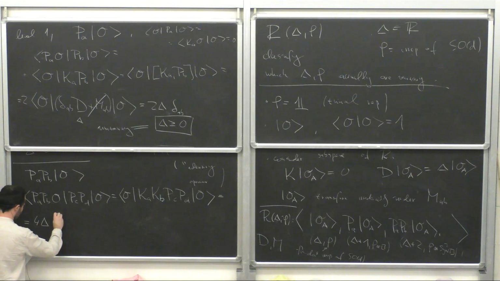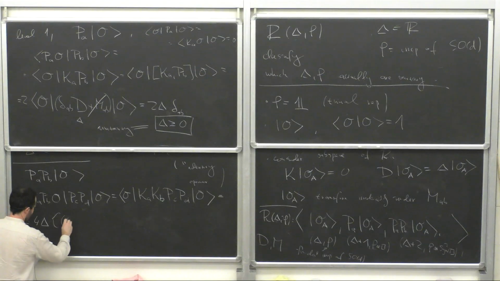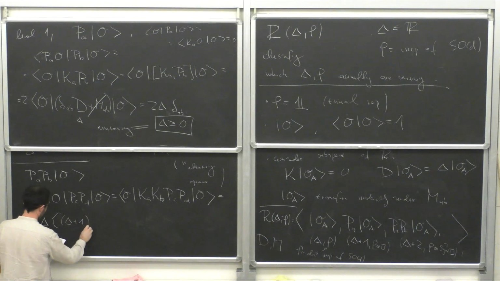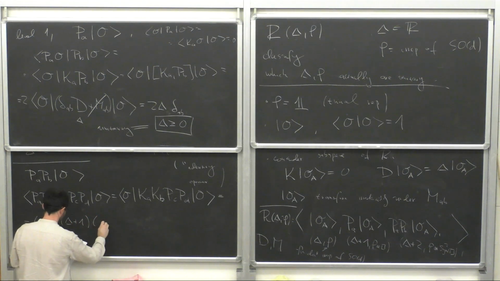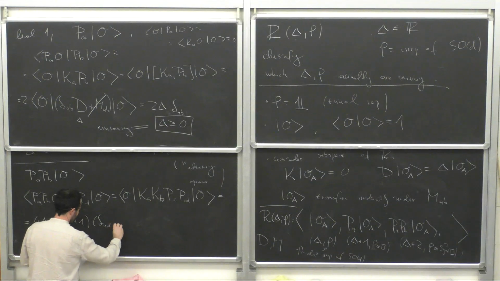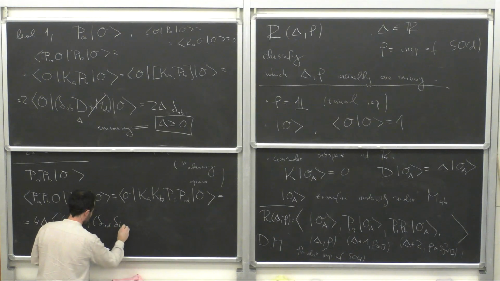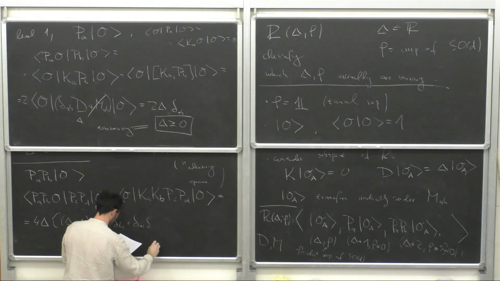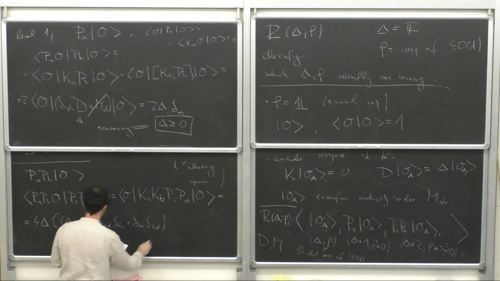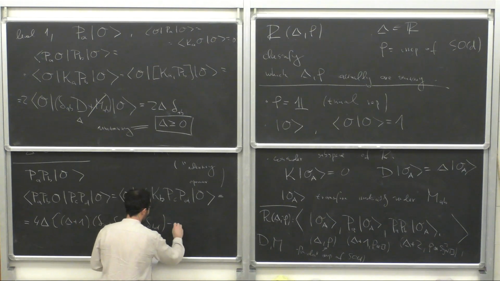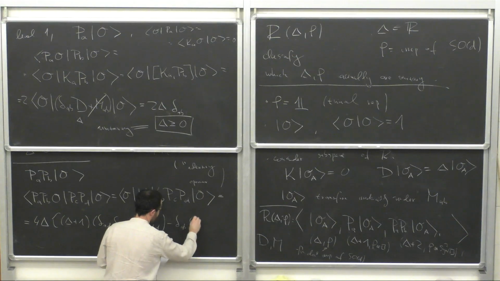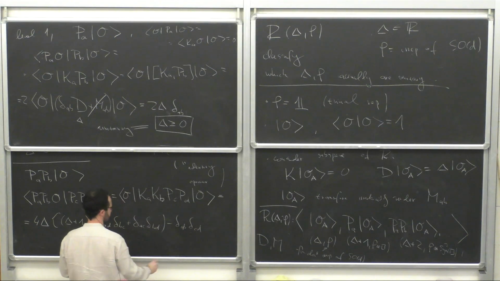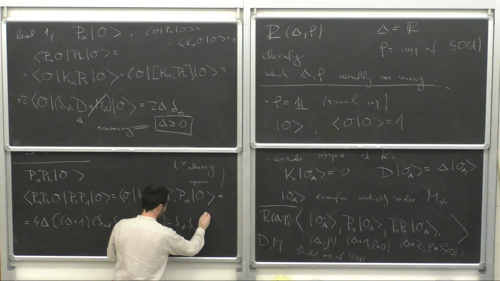For delta plus 1, delta AB delta CD, plus delta AC delta BD, minus delta AB delta CD, yeah, that's it.